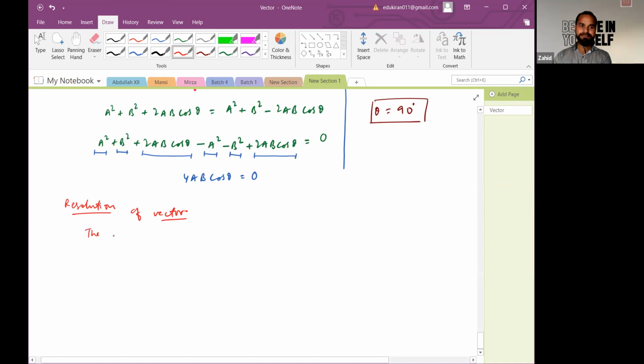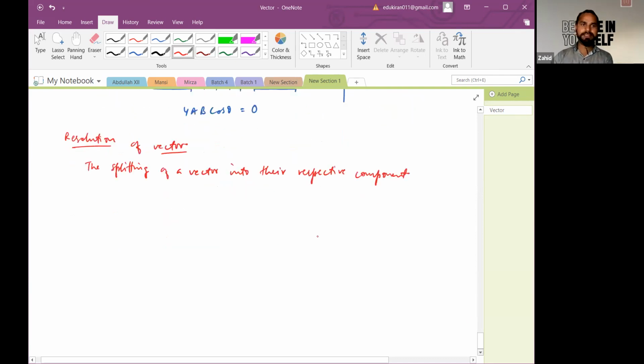So this will be the splitting of a vector into their respective component along given coordinate axes.